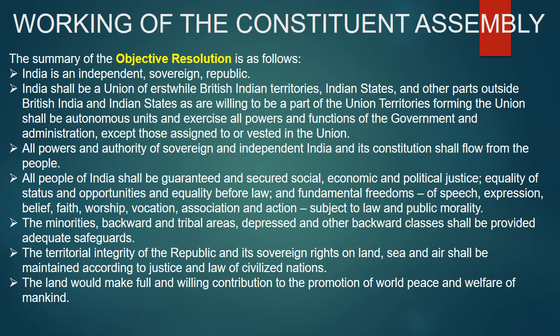All people of India shall be guaranteed and secured social, economic and political justice, equality of status and opportunities, and equality before law, and fundamental freedoms of speech and expression, belief, faith, worship, vocation, association and action, subject to law and public morality. That is, we can see the similarities with the preamble and the basic structure of our constitution.